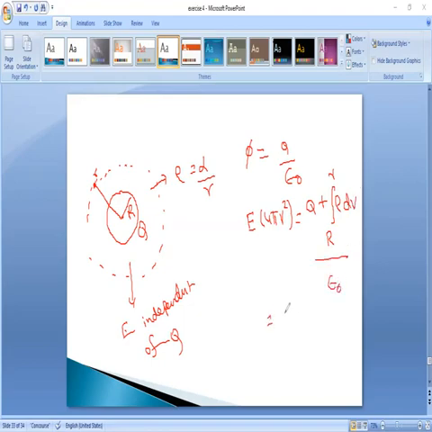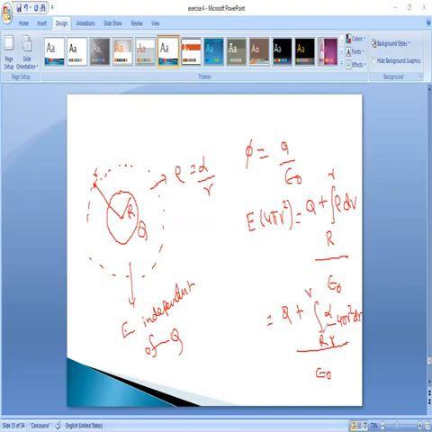This is the formula. And Q plus integral from capital R to small r, and rho is given as alpha by r. And the small element of volume is nothing but 4 pi r square dr. Totally by epsilon naught.